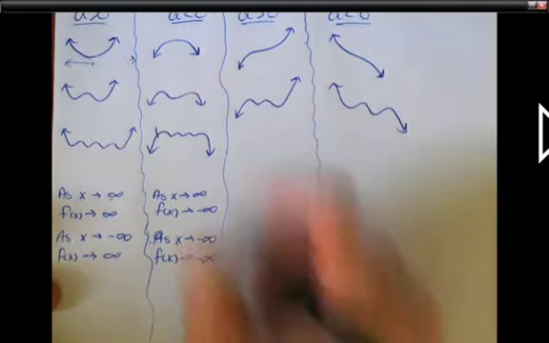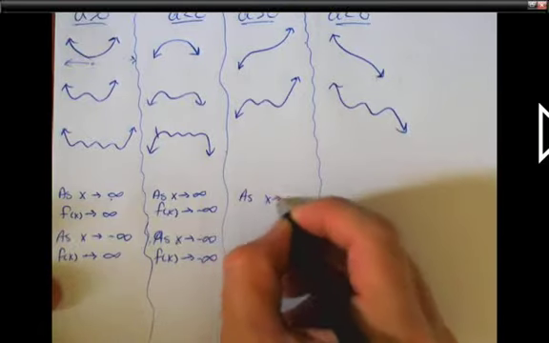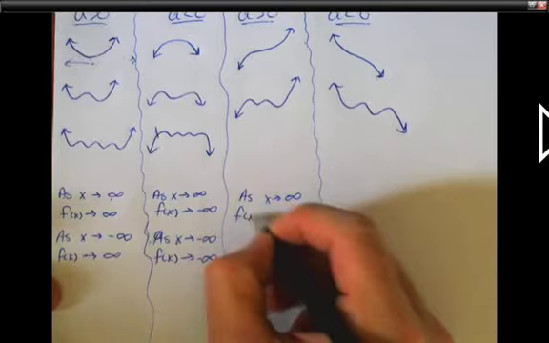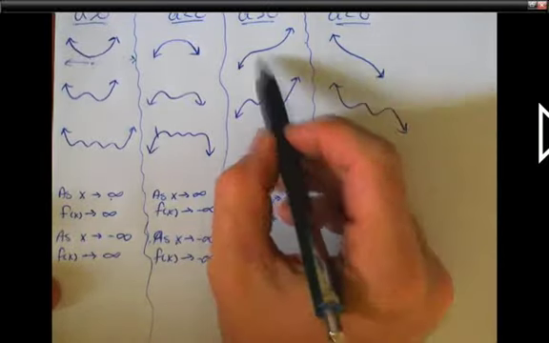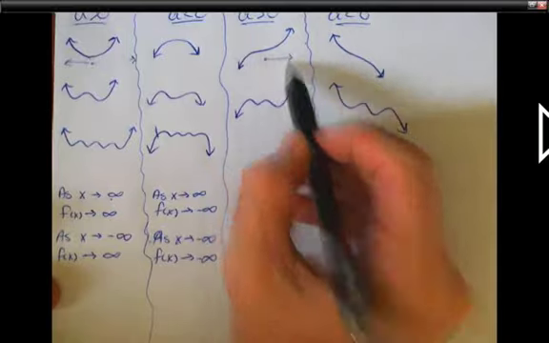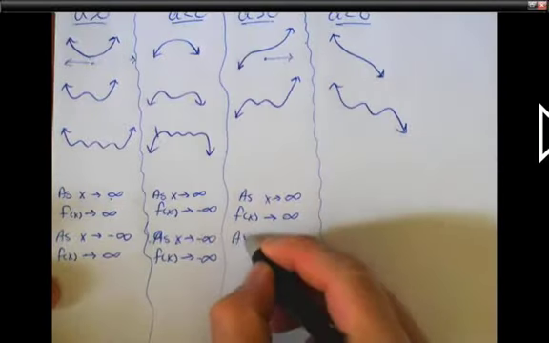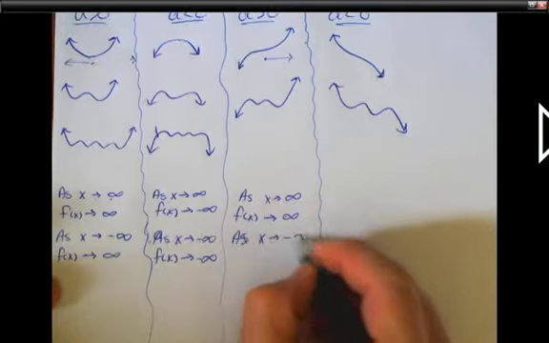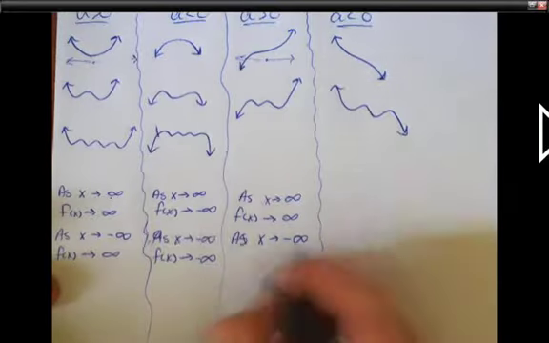Now, you notice the difference here as you get to odd functions. As x goes to infinity, f of x goes to infinity as well, because we're going to the right from the middle. But as x goes to negative infinity, going to the left, this is where f of x goes in the opposite direction, so negative infinity.